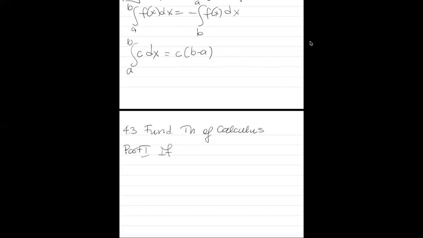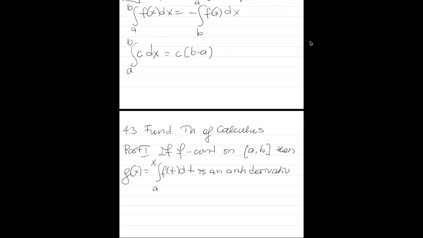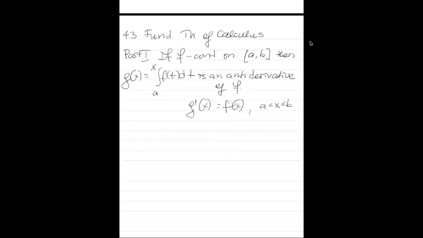Says that if f is continuous on the interval from a to b, then the function g of x equals integral from a to x, f of t dt is an antiderivative of f. What that means is g prime of x is exactly f of x, and x is between a and b.